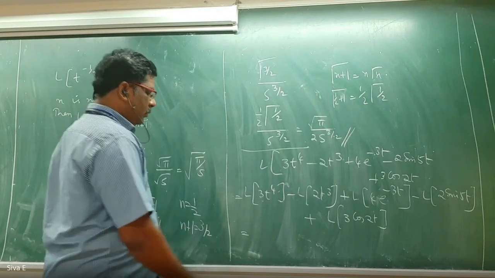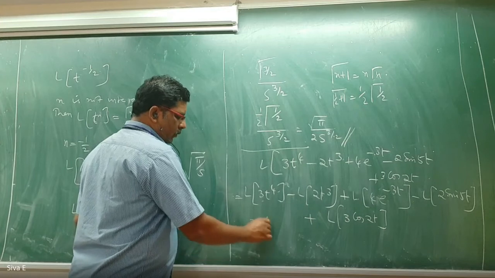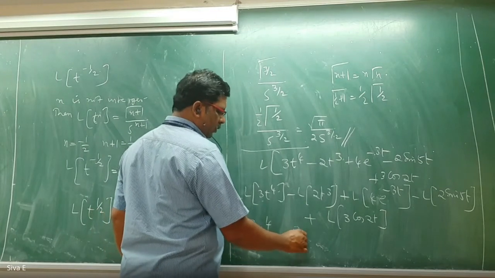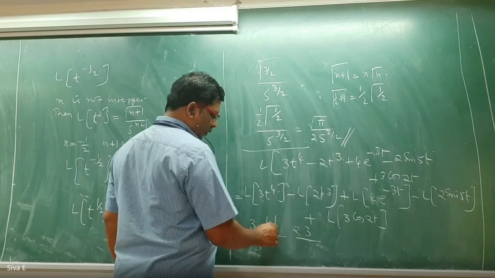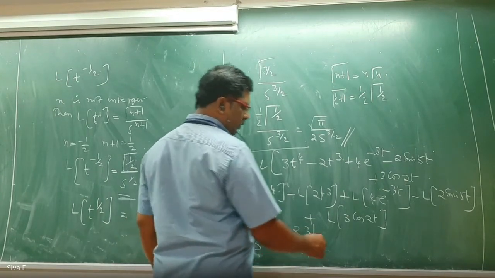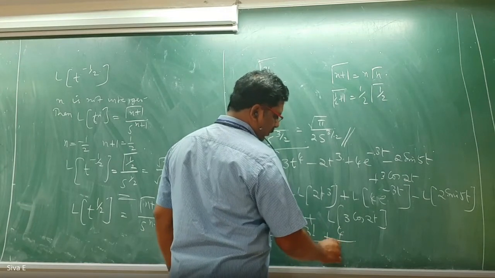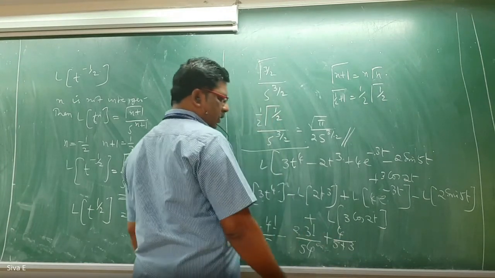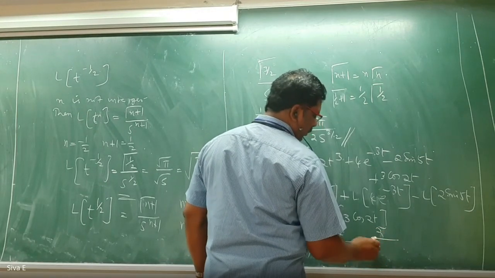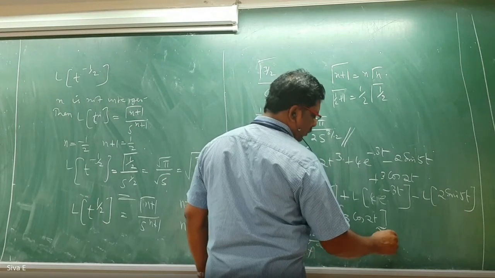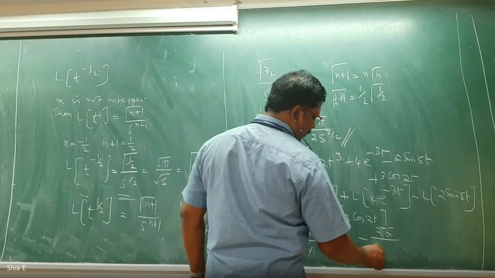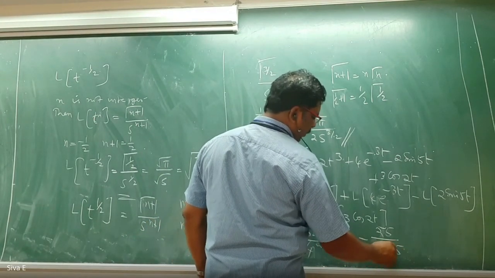That is equal to 3 into 4 factorial by s power 5 minus 2 into 3 factorial by s power 4 plus 4 by s plus 3 minus 2 into 5 by s square plus 25.